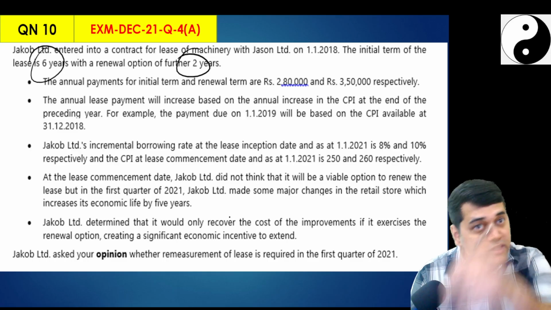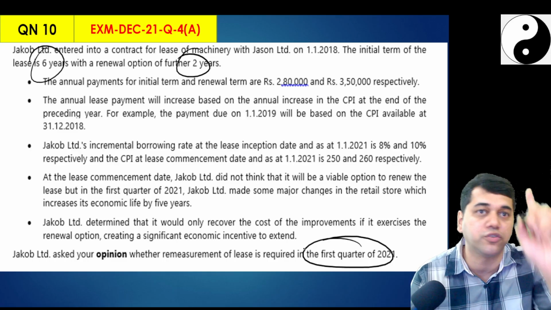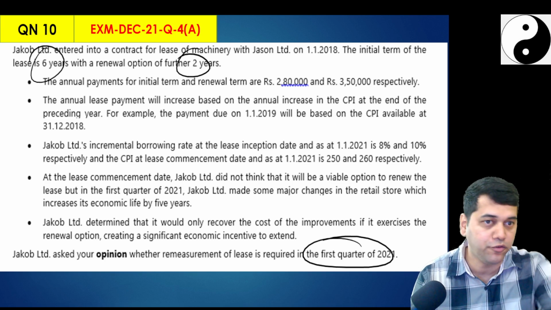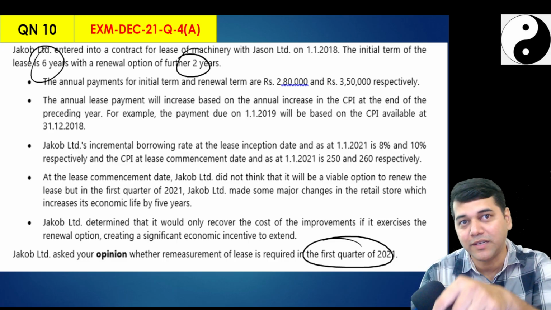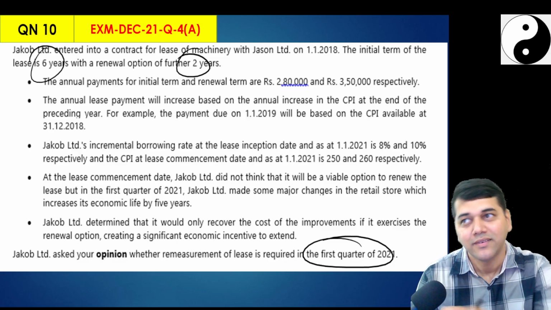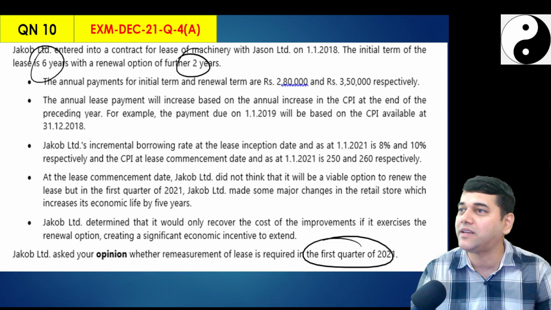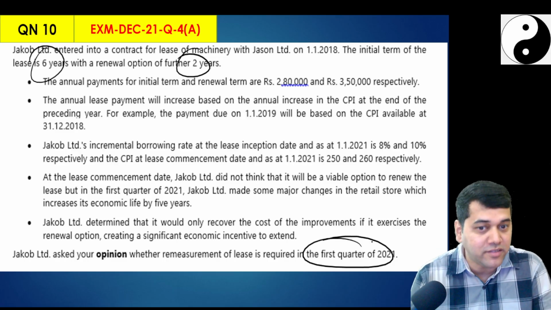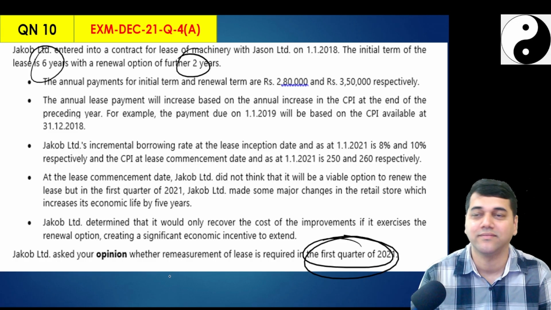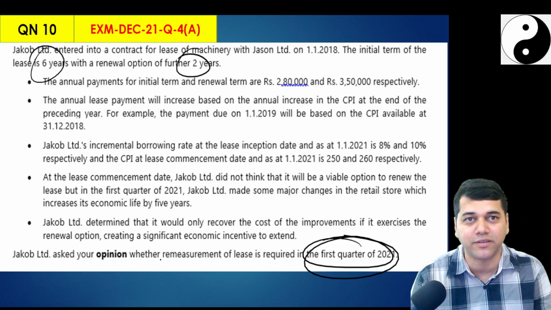And in this particular study material question, they gave first quarter of 2021. Generally, they don't give that. In the study material, they give that the price got changed on 1st January 2020 only. Nice. We solve it. In the exam, you get this twist. This generally happens in 99% of the cases.